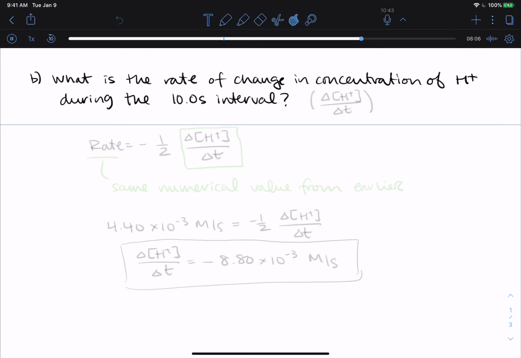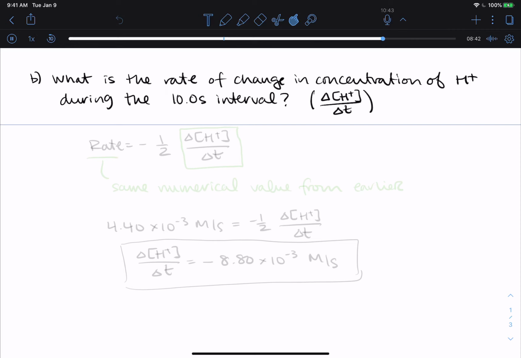So regardless of how you define it, the rate of the reaction is the number that we calculated in part A. But when it asks you for the rate of change in concentration, it's asking you for delta H plus over delta T. So just that part that doesn't include the coefficient that we have to put in there, and it doesn't include a plus sign or a minus sign, depending on whether it is a product or a reactant.